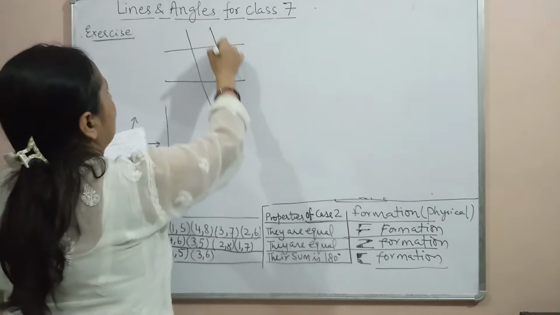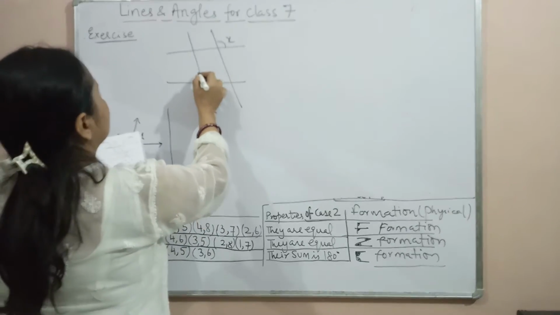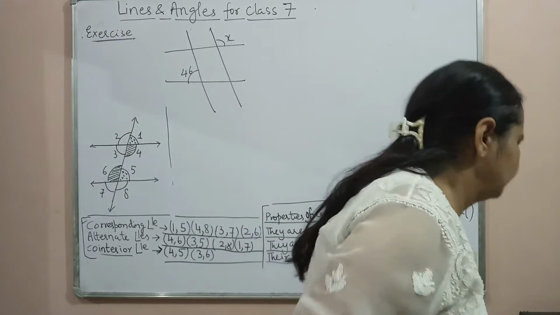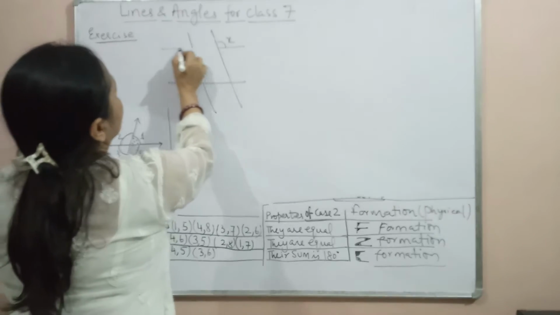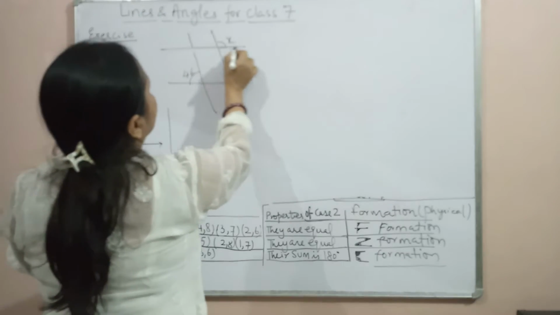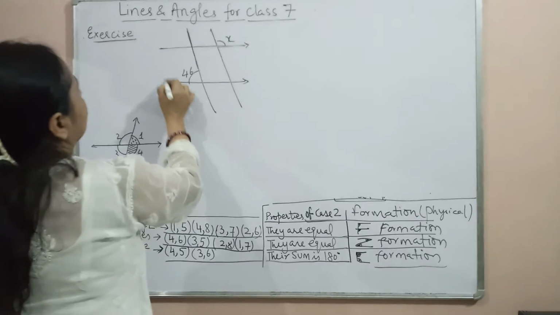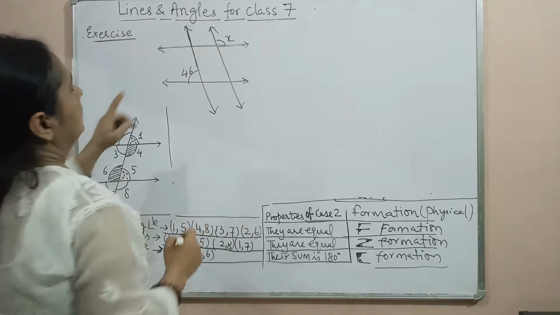Now these two are parallel lines, and these two are also a pair of parallel lines. We have been given x here, and this is 46. Alright.